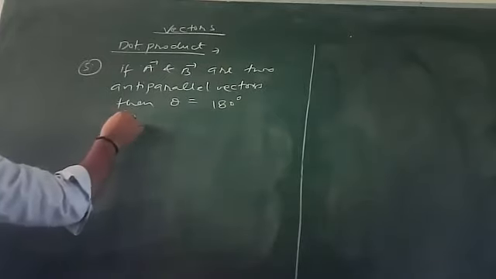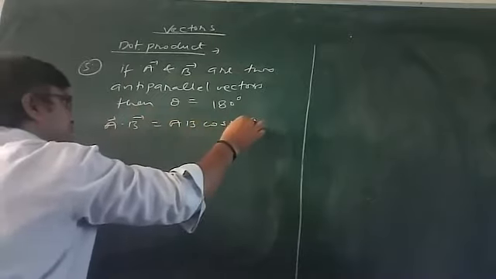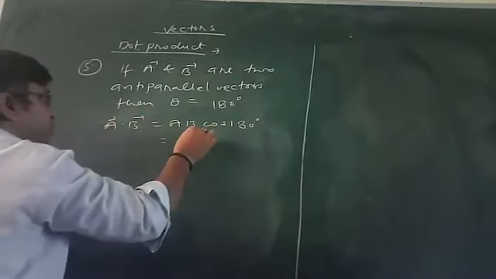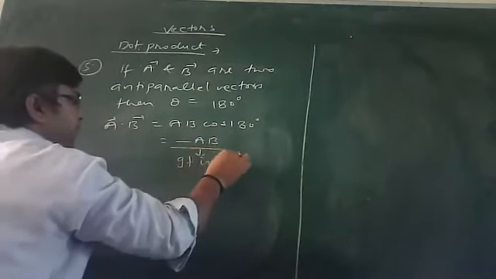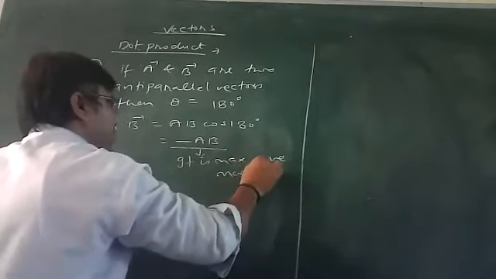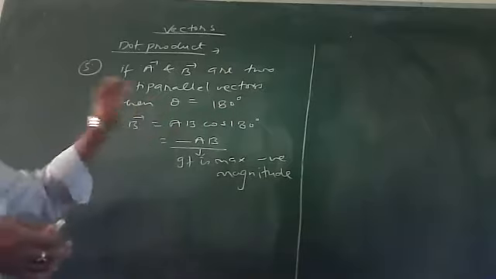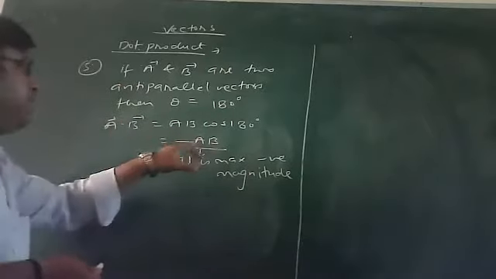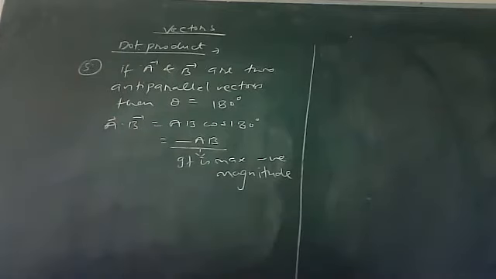That means A dot B, if I open it, I will write AB cos 180. As cos 180 is -1, you will get -AB. It is the maximum negative magnitude, -AB.